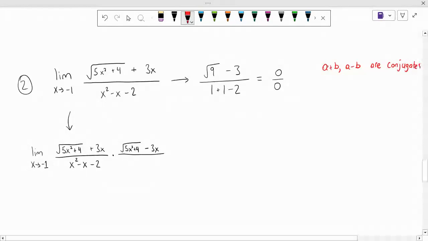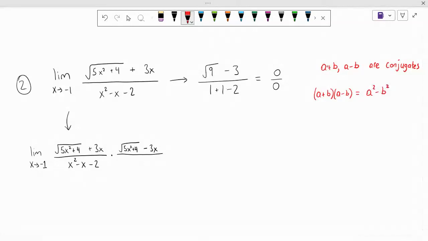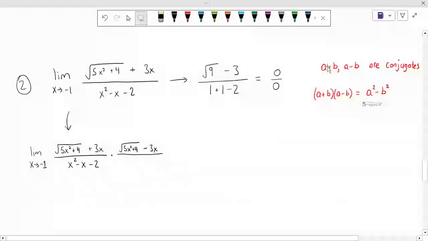What's useful for us with conjugates is if you multiply the two of them together, some of you might recognize that this is how difference of squares factors. So the idea here is that if a or b have a square root in them, if you multiply by the conjugate, everything gets squared on this side, and that's going to remove a square root if you had any.